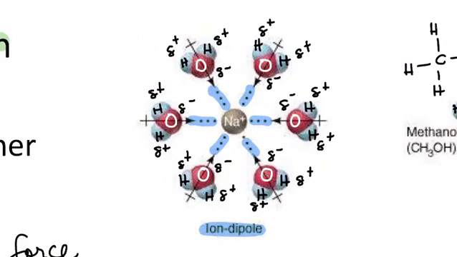So in an ion dipole situation, what we have is that my ionic compound has a full positive and a full negative charge, right? Because I'm in an ionic situation, I'm only dealing with cations and anions.